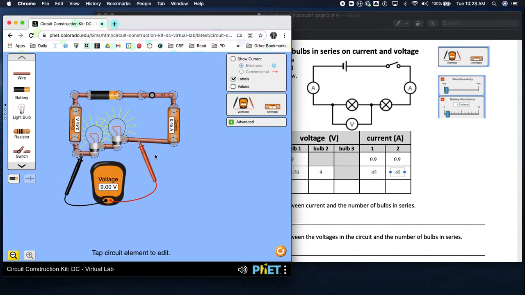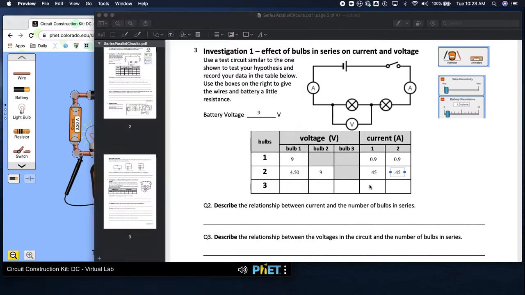Now we need a third light bulb. So I'm gonna cut this. All right, we have 3 light bulbs, 1 9-volt battery. Our amps, 0.3 on both of our ammeters.